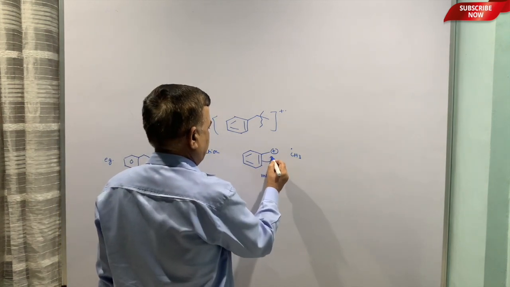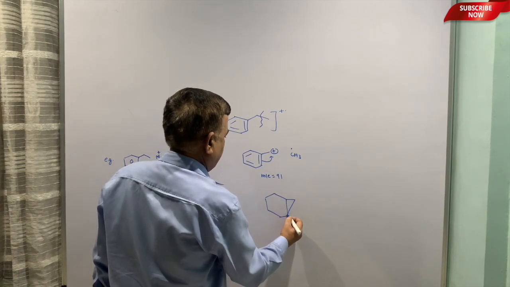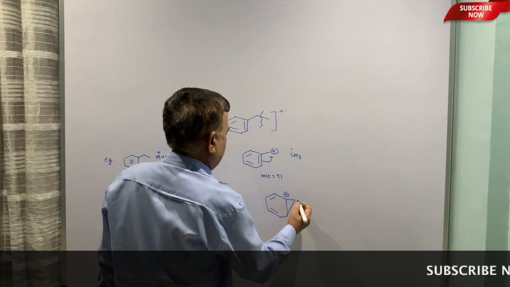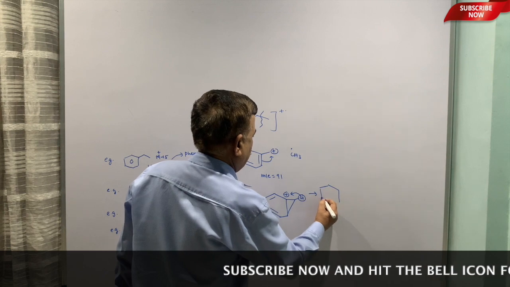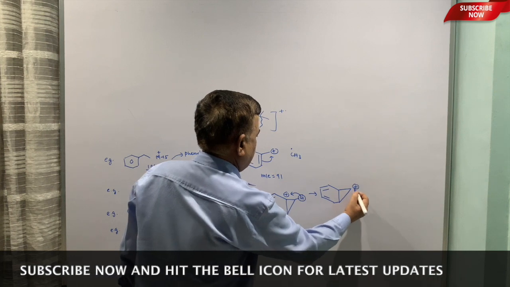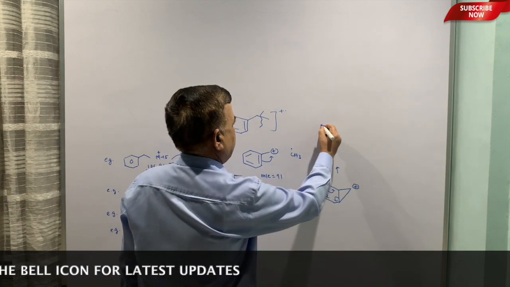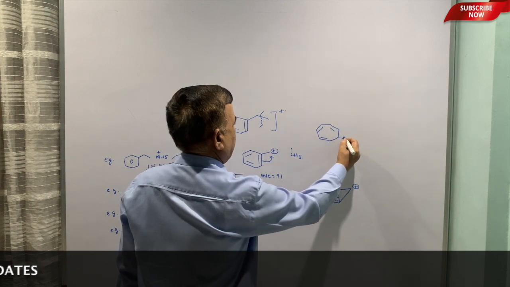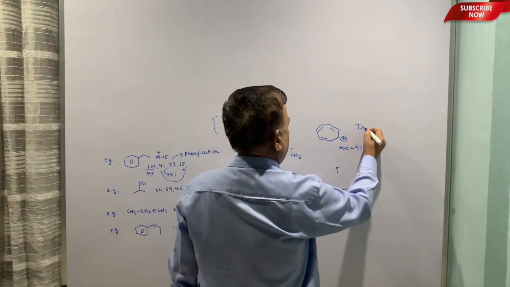Now, this you can rewrite, so this will be positive, a proton shift will make it, and then electrocyclic ring opening would make it m by z equal to 91. Now, this is the tropylium ion.